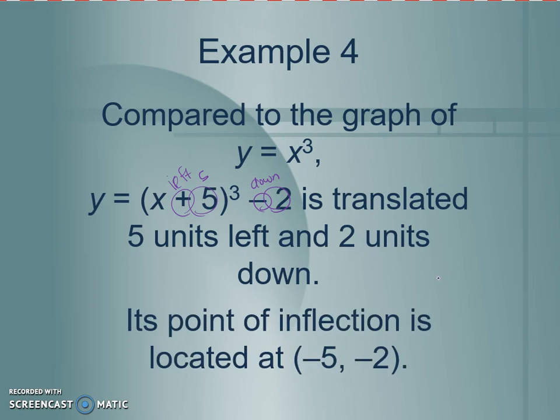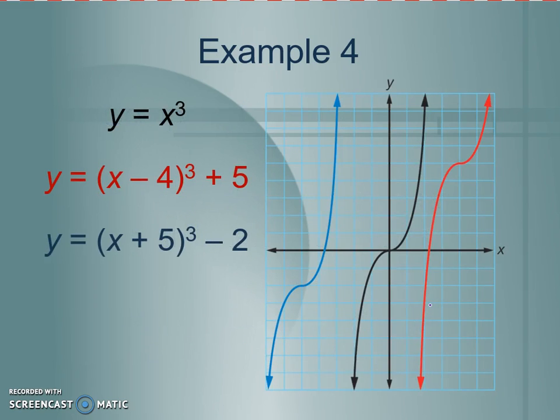So the inflection, or this point on our graph, is going to be at (-5, -2). And here are those graphs for you. So these are our points of inflection. We have (0, 0), this was (4, 5), and this was (-5, -2).